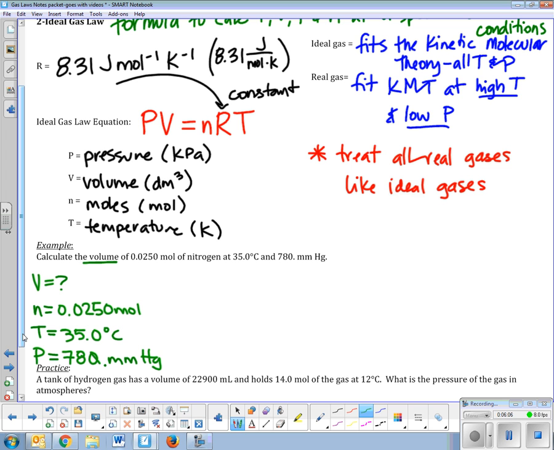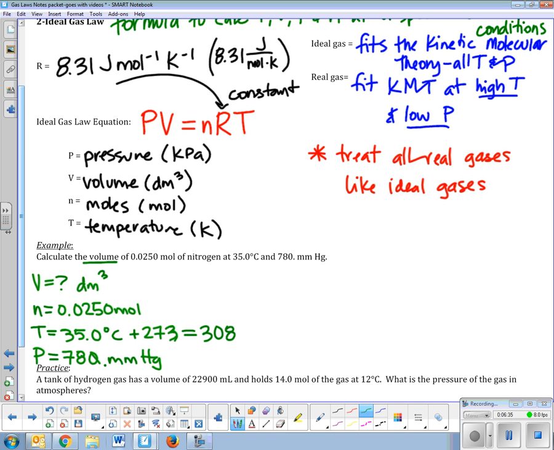Alright, so first thing I'm going to do before I even get to my equation is I'm going to check my units. Okay, volume will end up being in decimeters cubed, which is fine. It didn't specify a certain volume unit. Moles is moles, yep. Temperature, okay, I have to convert that to Kelvin, so I'm going to add 273. So that will give me 308 Kelvin.